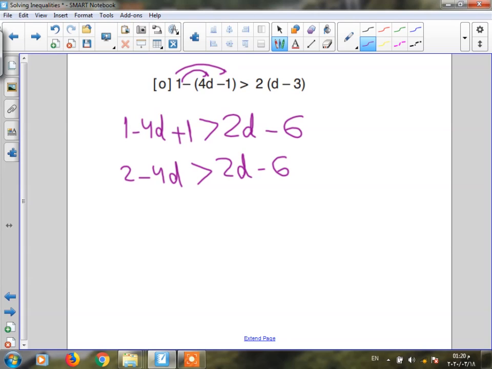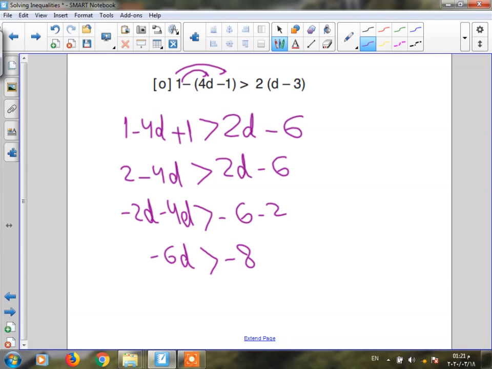I will take 2d to the other side with a negative sign: negative 2d minus 4d more than negative 6 minus 2. Negative 2d and negative 4d make negative 6d, more than negative 8.